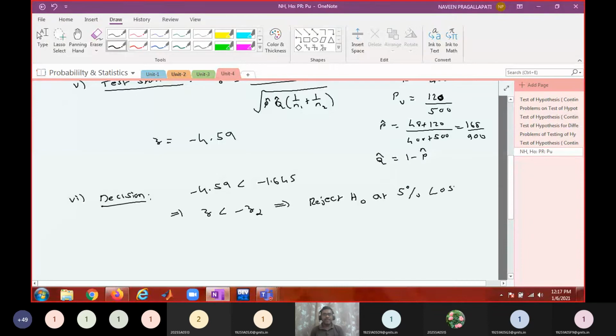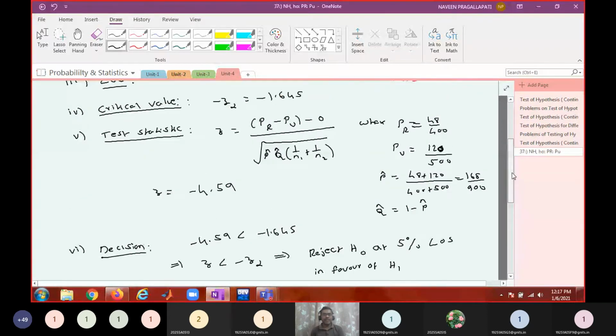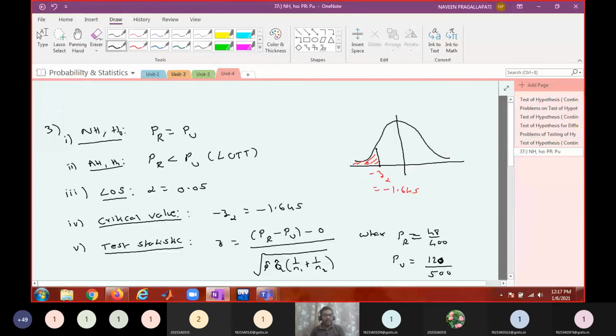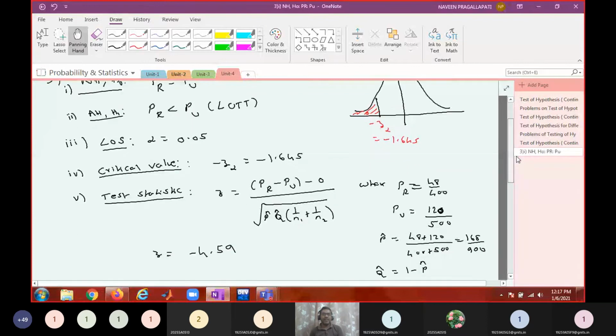What is your conclusion? In favor of H1. That means we are concluding that urban people have a significantly more proportionate number of cell phones than rural? Yes, sir, because the differences are significantly more.